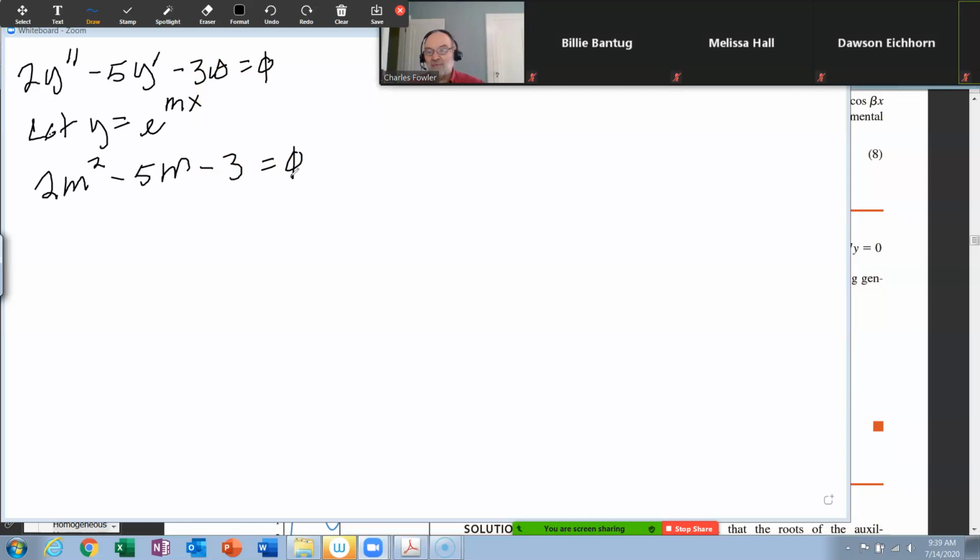There's your auxiliary equation. What we need to do is see if we can come up with a solution for that quadratic equation. Forget calculus, don't forget it, but for now, you're back in algebra, okay? Let's see if we can factor that. I don't know if we can or not. It would have to be a 2m times an m, right? That would be the first factorization. This is equal to 0.